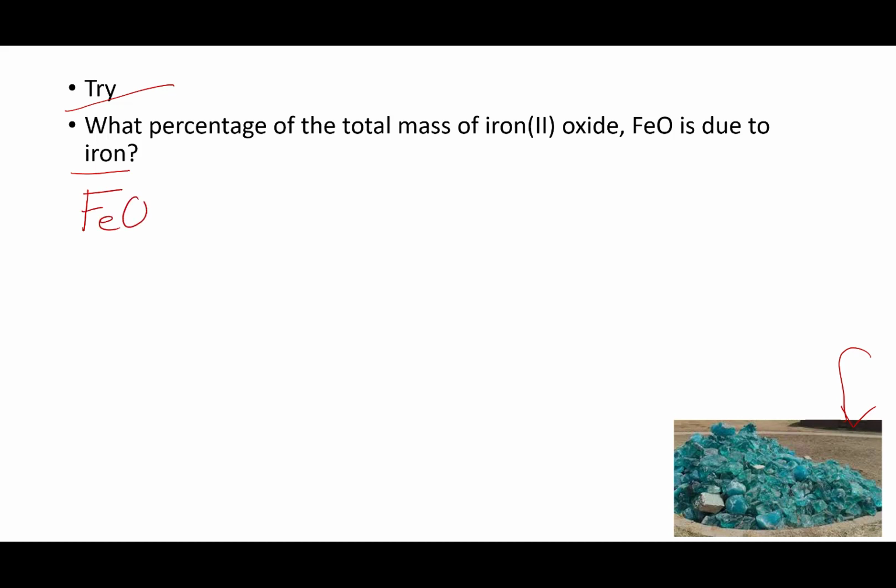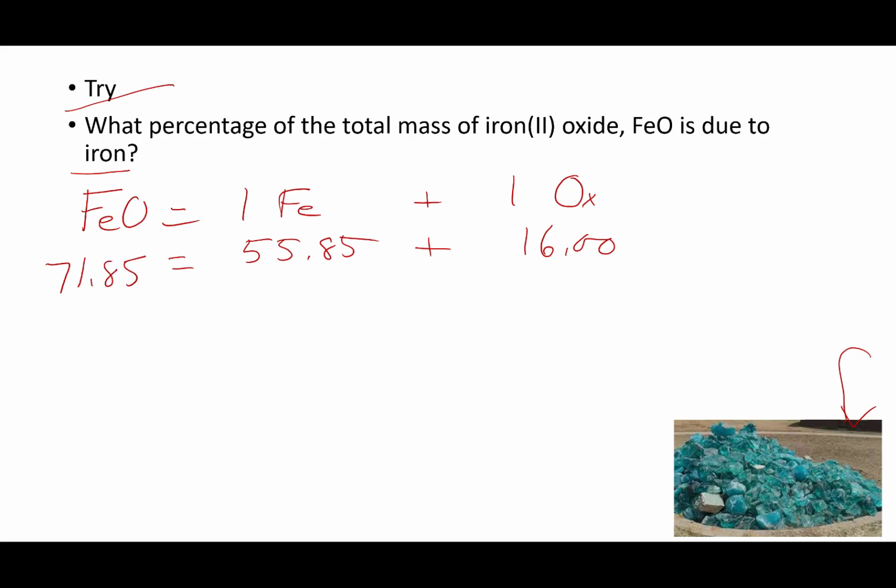So FeO is 1 iron plus 1 oxygen. And I'm just going to put an OX so it doesn't look like a 0. 1 iron is 55.85 and oxygen is 16. The total for iron 2 oxide, then, is going to be 71.85.